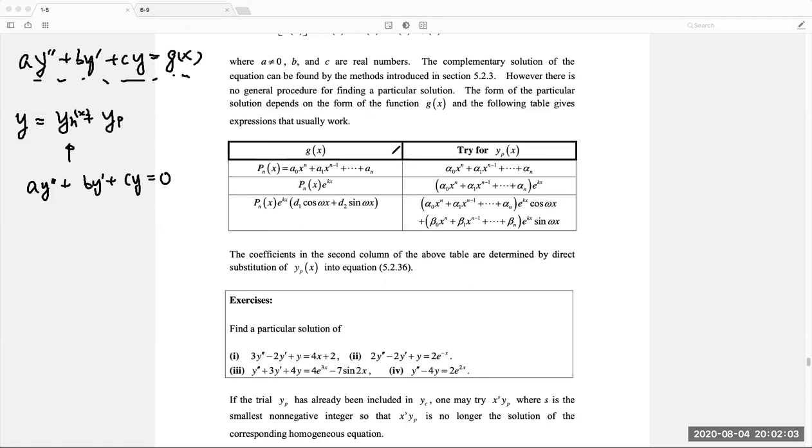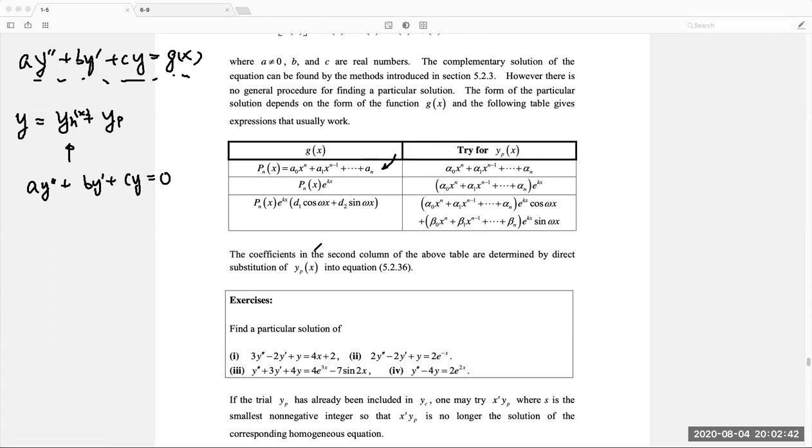So let's say if g(x) is a polynomial of degree n, then you need to try a polynomial of degree n also, but with different coefficients. If it is a polynomial times an exponential e^(kx), then you need to try a polynomial of the same order times e^(kx), just like this one.